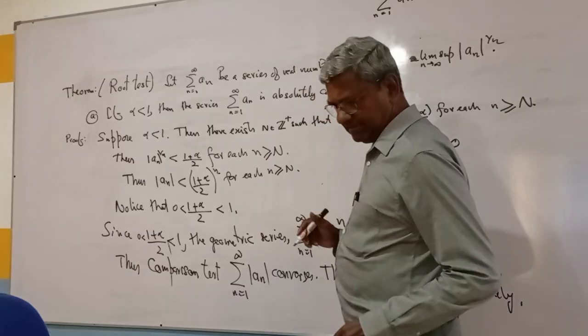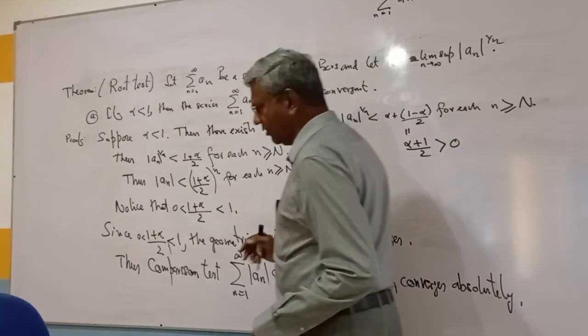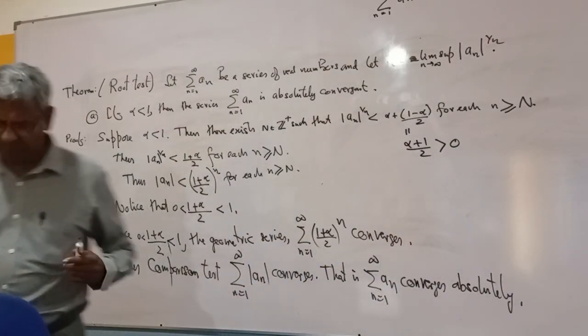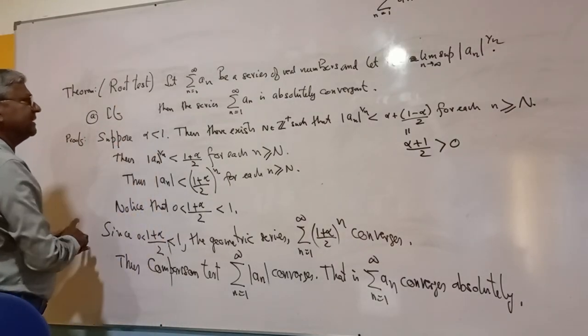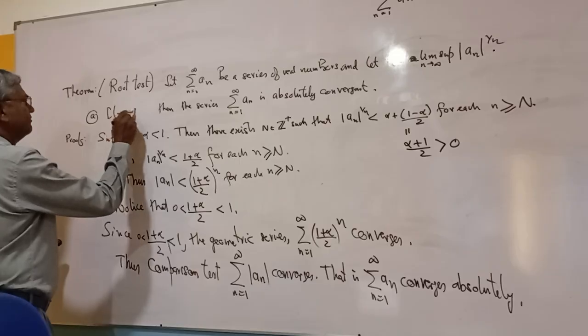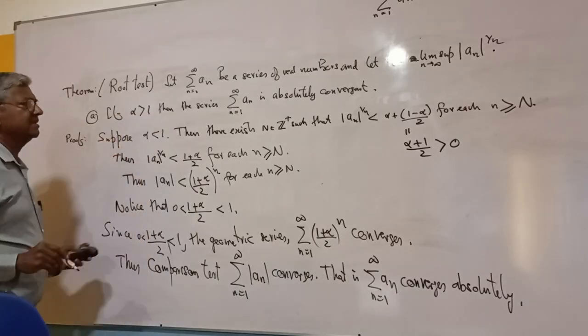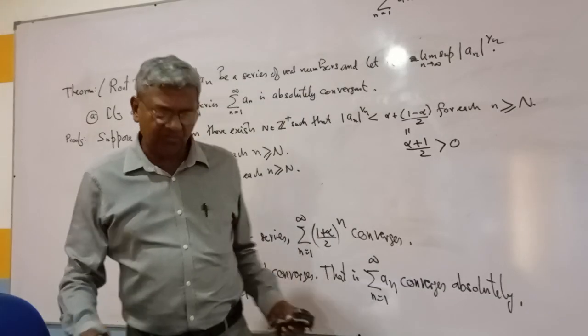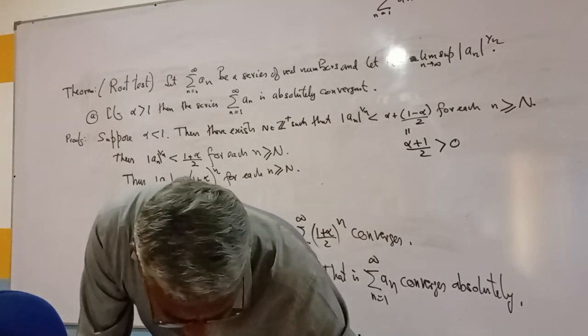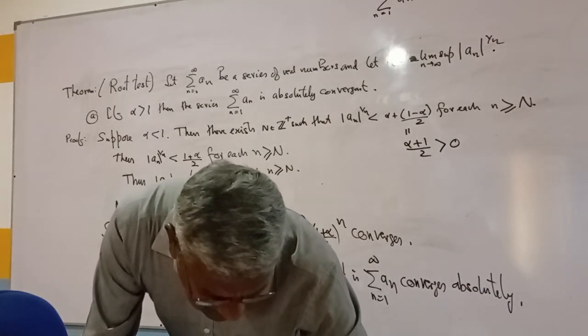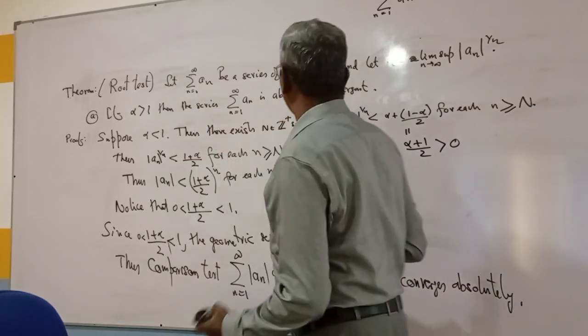So, very important series, very important test, root test. Now, if alpha is greater than 1, then the series sigma a_n is not conditionally convergent. That's how we understand.